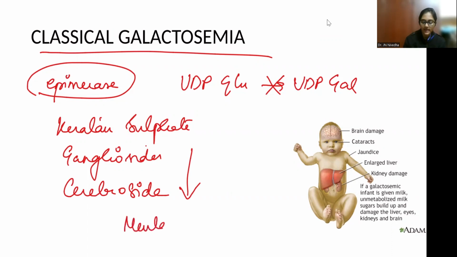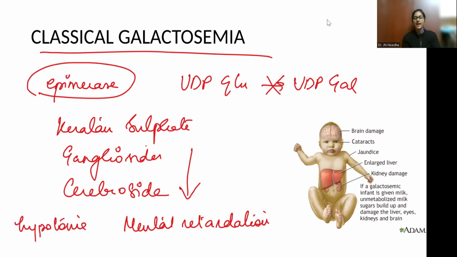It can lead on to mental retardation, brain damage. There is developmental delay, and also hypotonia. So these are the symptoms which can happen if galactose itself is deficient.